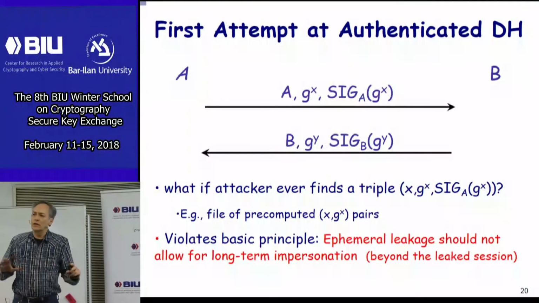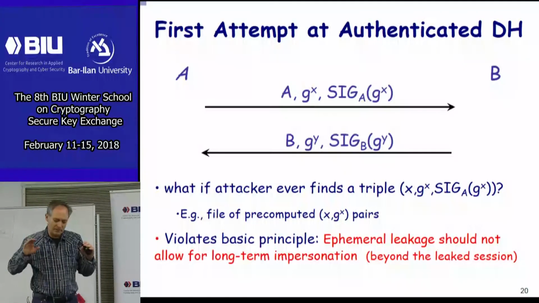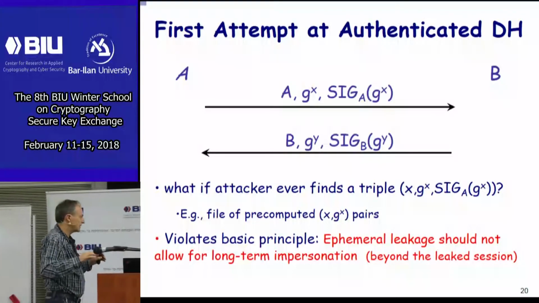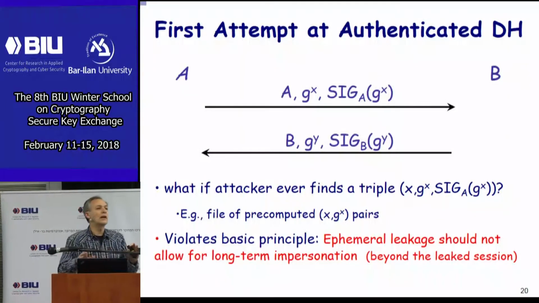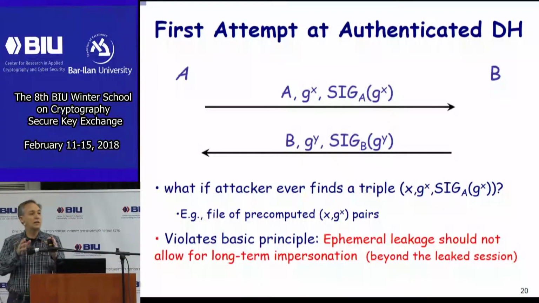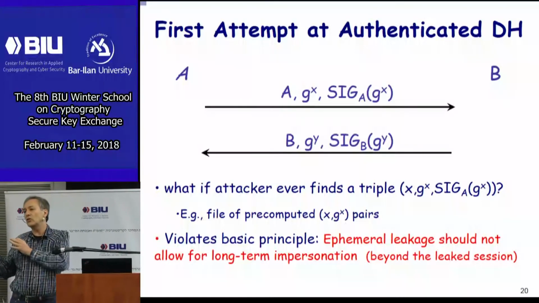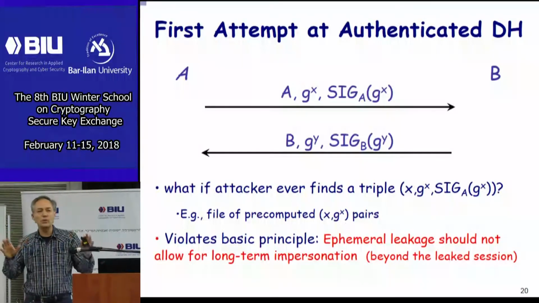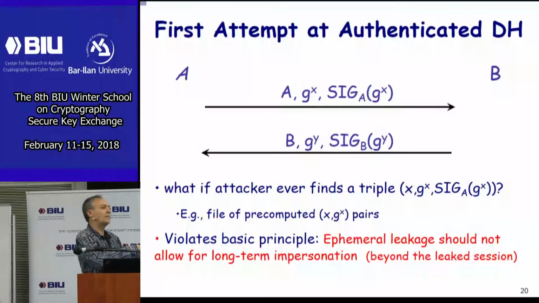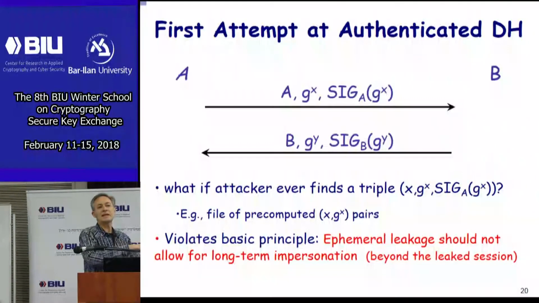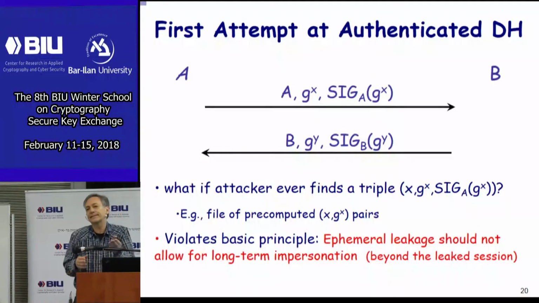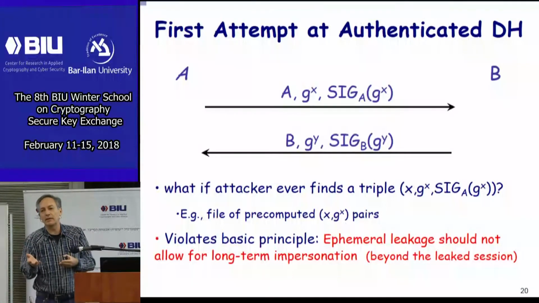Now, at the level of practice, if you are in a setting where your Diffie-Hellman exponents X and your long-term key are equally protected, they are in the same type of memory, then maybe this is not such a big deal because you say, okay, if it can find X, for the same price it can find my private key.